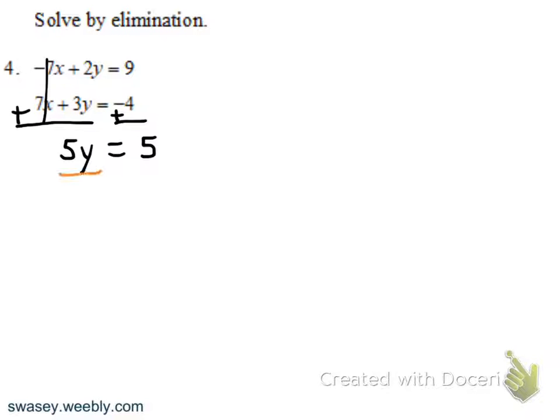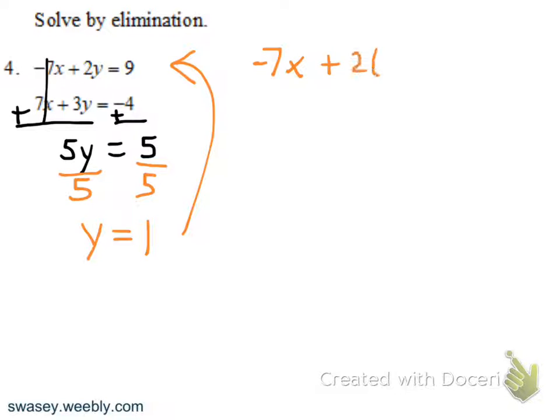So we have a one-step equation to solve. To get rid of multiplying by 5, divide by 5, y equals 1. Now to find x, we'll plug this 1 back in. You can go to either equation. I'll go to the top one. So we'll have negative 7x plus 2, instead of y we'll put 1, equals 9. 2 times 1 is 2.